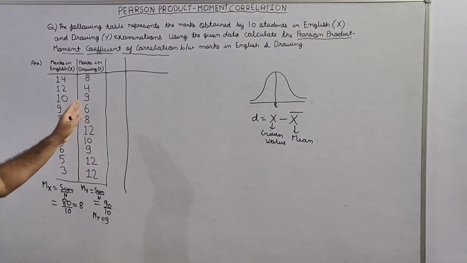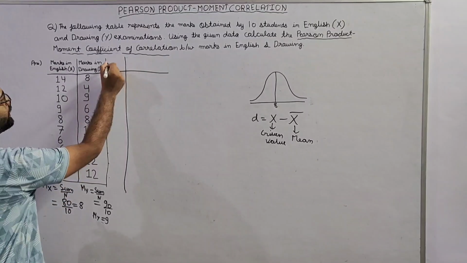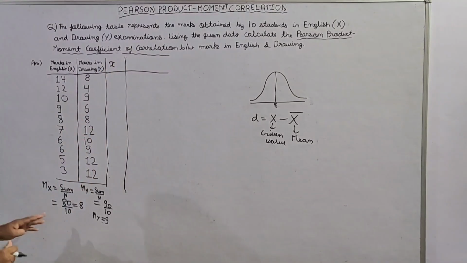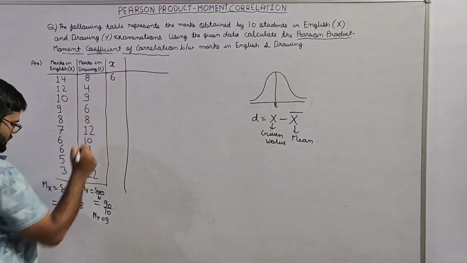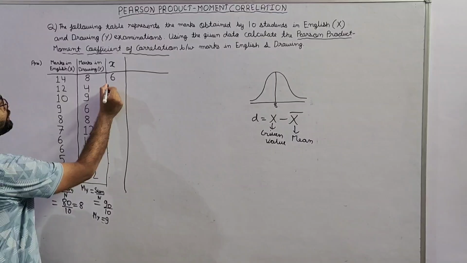So deviation of x will be, as the mean is 8, the deviation value of 14 is 6, the deviation value of 12 is 4.